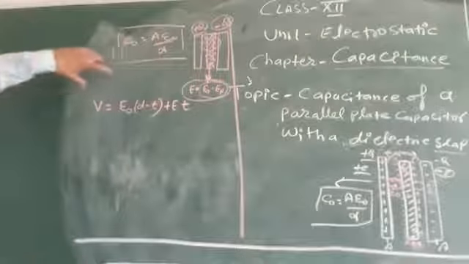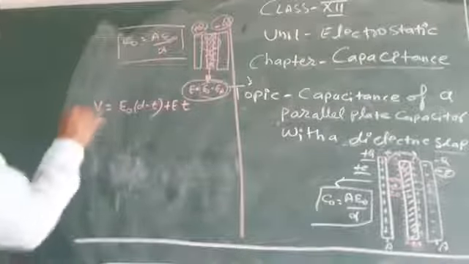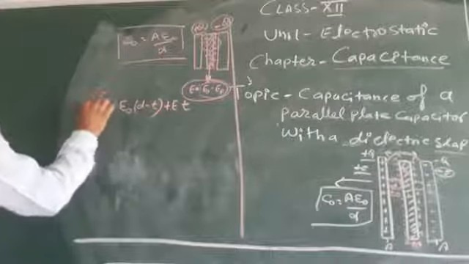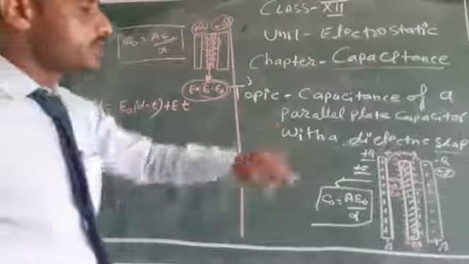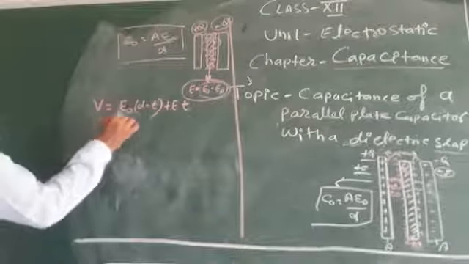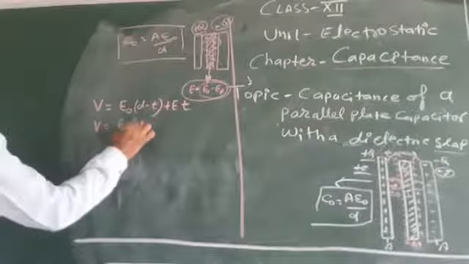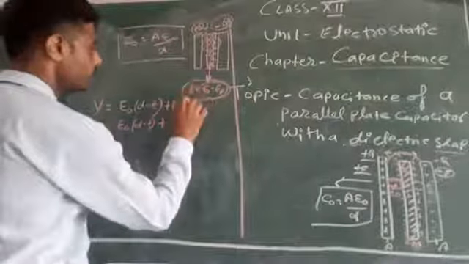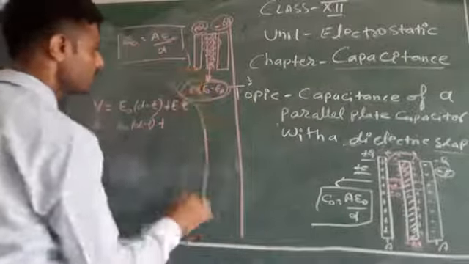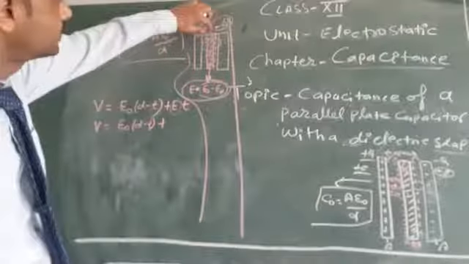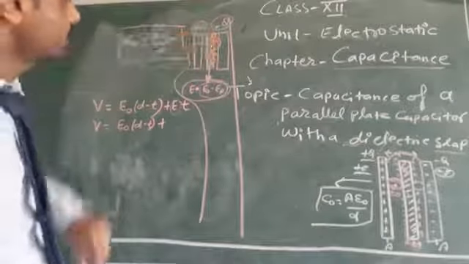So this is the value of the electric potential difference between the plates. V equals E naught (d minus t) plus E t, where E is the electric field through this dielectric slab.